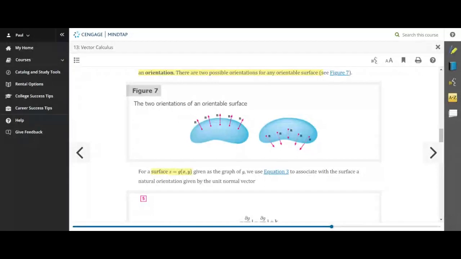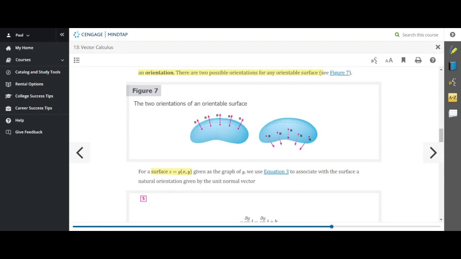These normal unit vectors, I'm just trying to help you understand where applications could be. If you have a surface and fluids flowing through it, you want to know the flow rate, in terms of how the fluid flows out from the surface in the direction of those normal vectors to the surface.